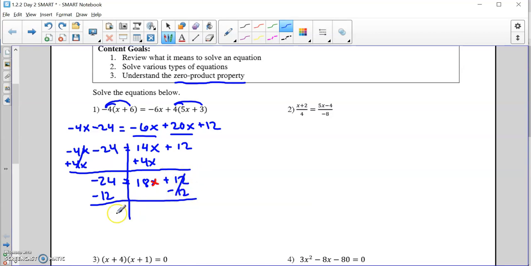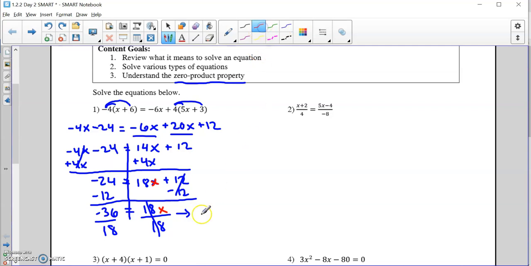Okay, so that cancels there, and here we end up with a negative 36. Negative 24 minus 12 is negative 36. All right, and now we just have one more thing we need to do. Remember, our goal is to get x all by itself, so we can go ahead and divide both sides by 18 because it's being multiplied by x.